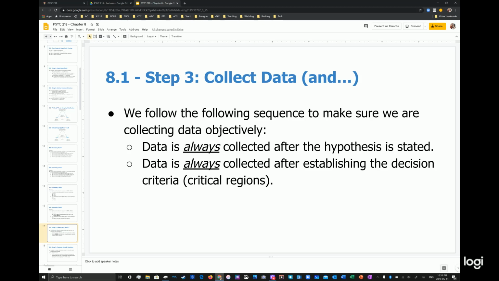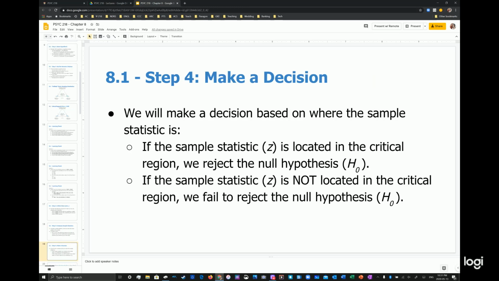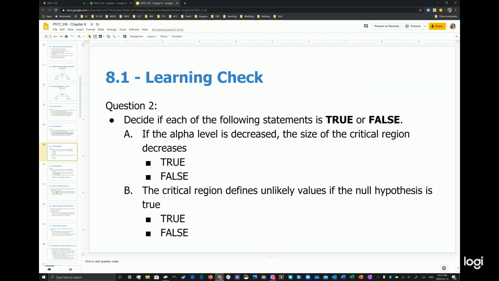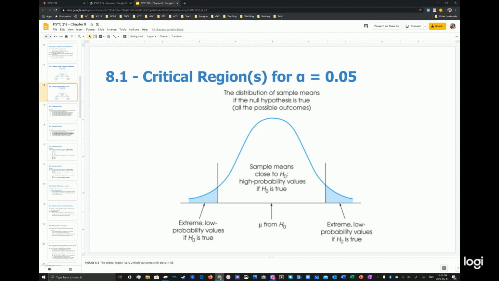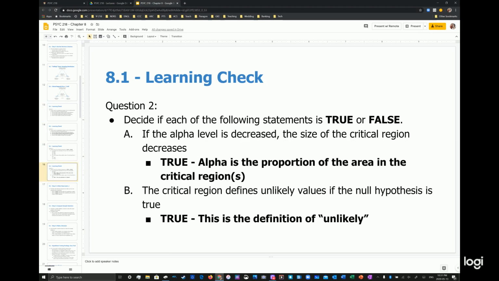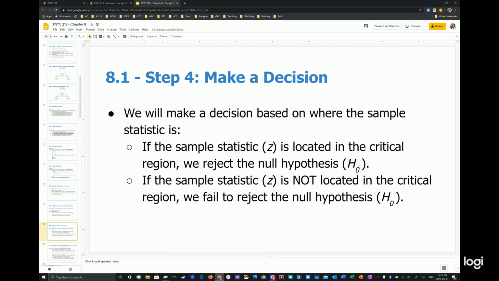So if you set the critical value of z at plus or minus 1.96, well, if you throw in a 2 point something, that's going to lead you to reject the null. If you throw in a value that is less extreme than that, it could be like 1, then you fail to reject the null. Then you state your decision, step 4, and then those would be your 4 steps.